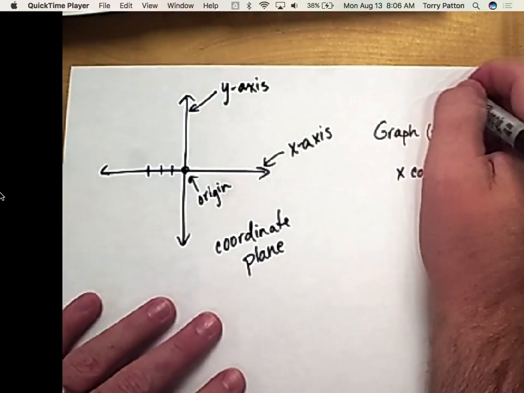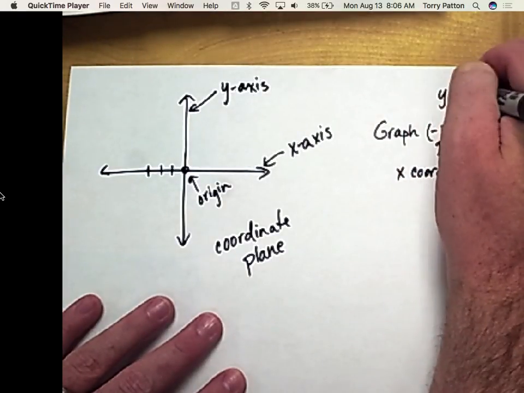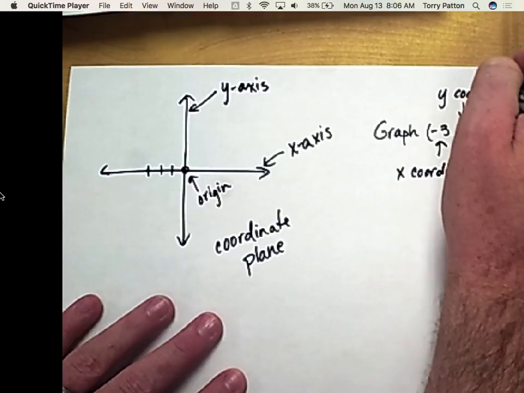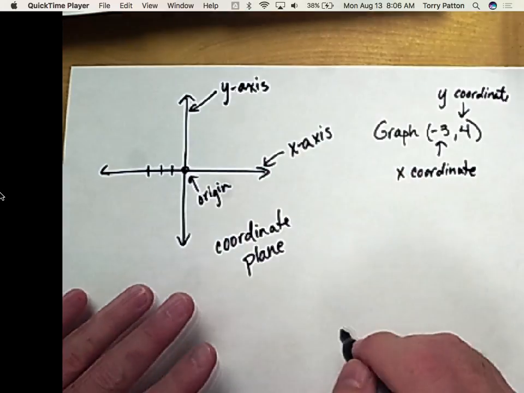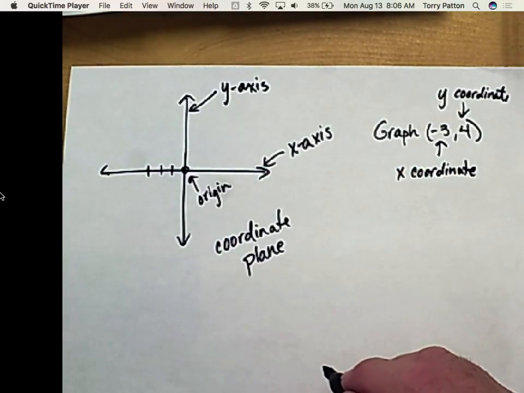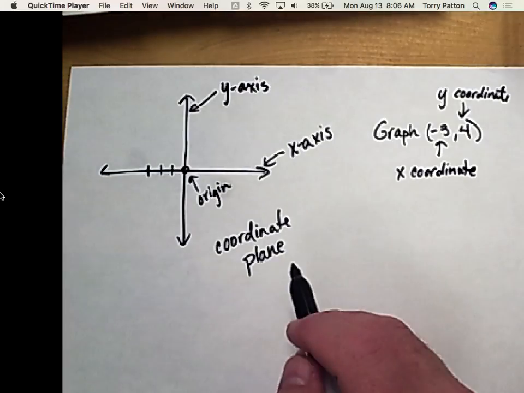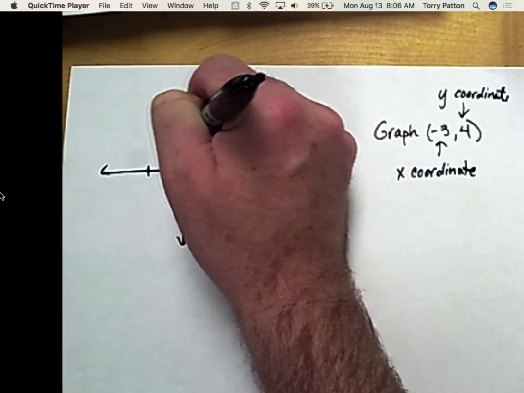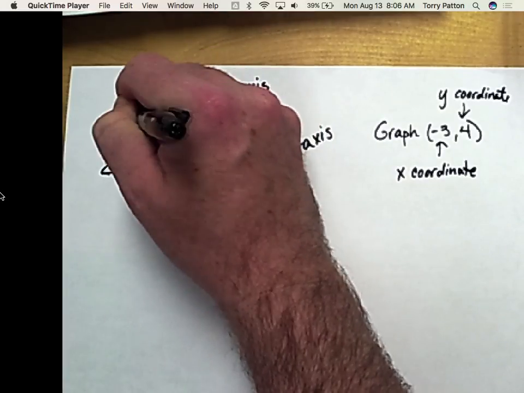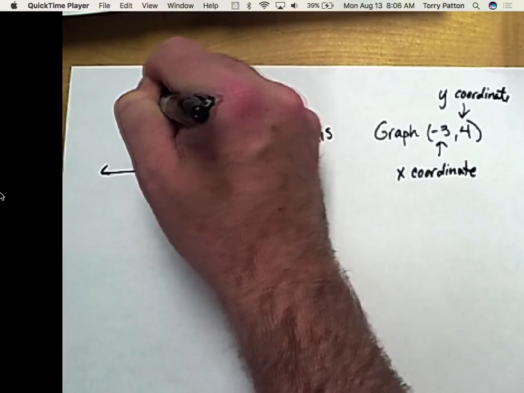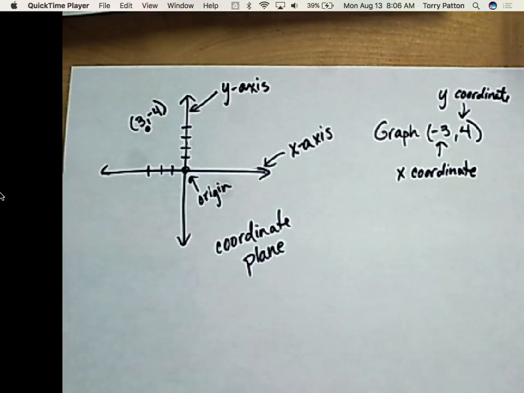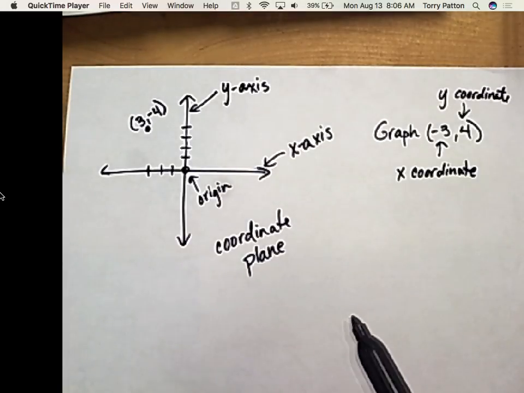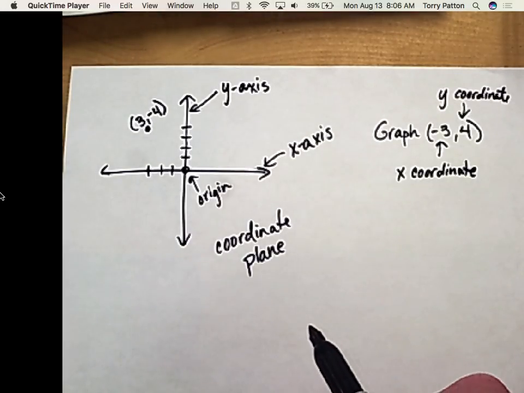Then this is the y-coordinate. The y-coordinate means we go up 4 in the y direction. And that would be the point -3, 4. Okay? Again, this is all supposed to be a review, but I'm just trying to refresh your memory.